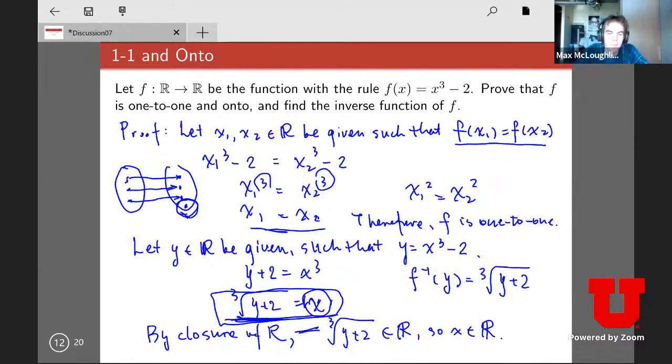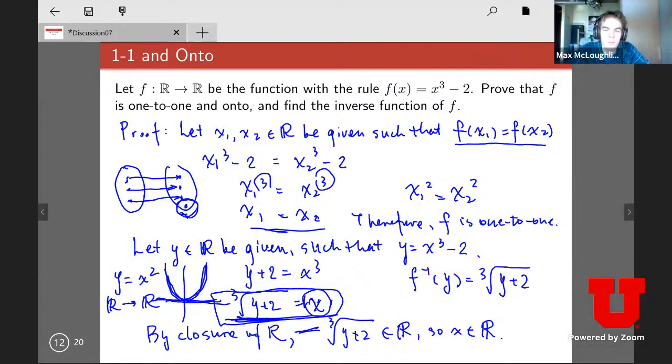Yes. So let me think. A simple example is y is equal to x squared. If we say that this function goes from R to R, then if you draw it, it looks like this, right? So every x has a corresponding y, but this is not a one-to-one function.